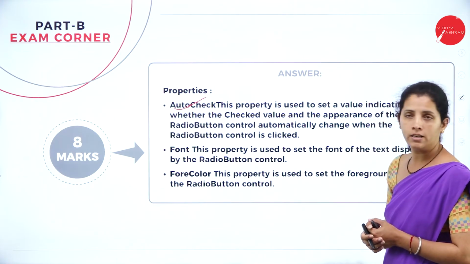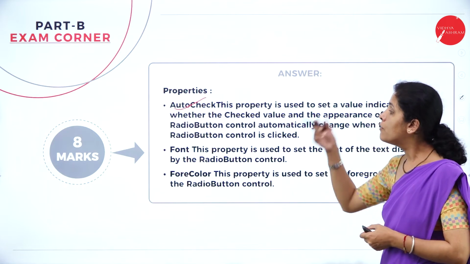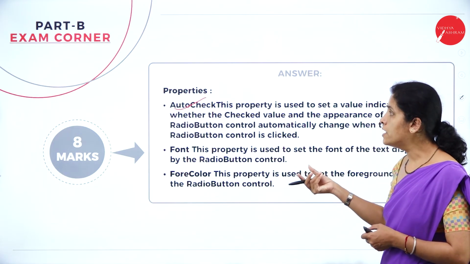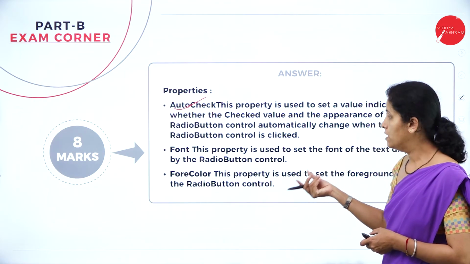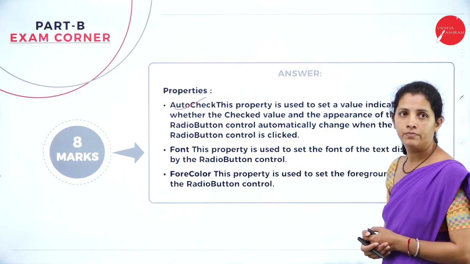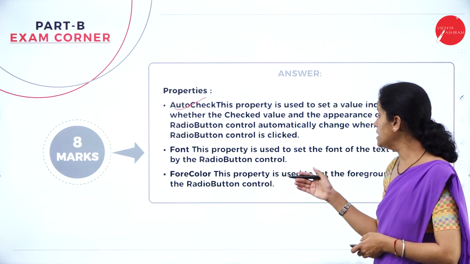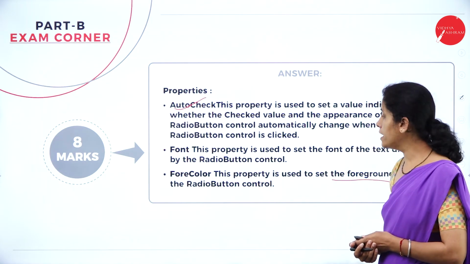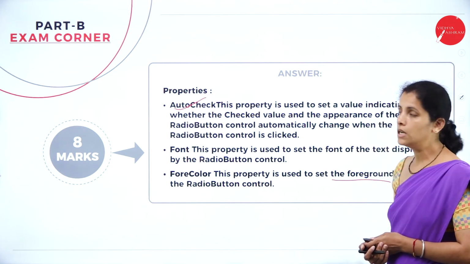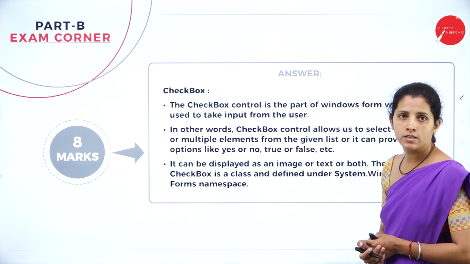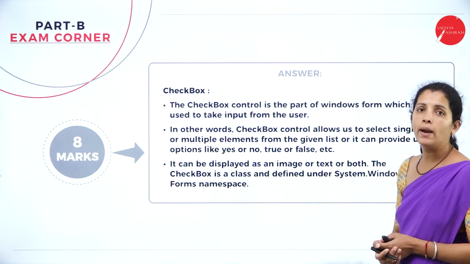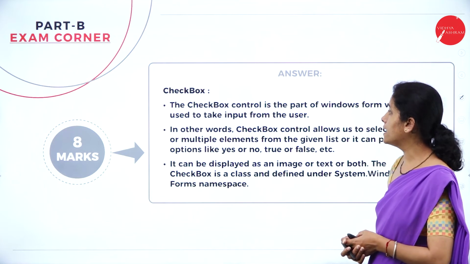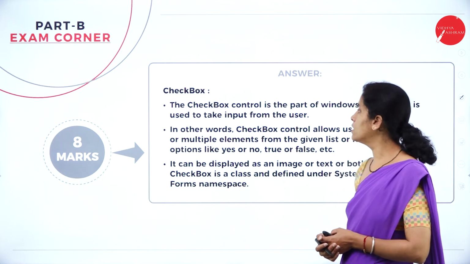And Font. Okay, this Font property is used to set the font style. And ForeColor. This property is used to set the foreground color of the radio button control. Now, checkbox. So, dear student, whenever I want to select multiple options, then I can use checkbox control.